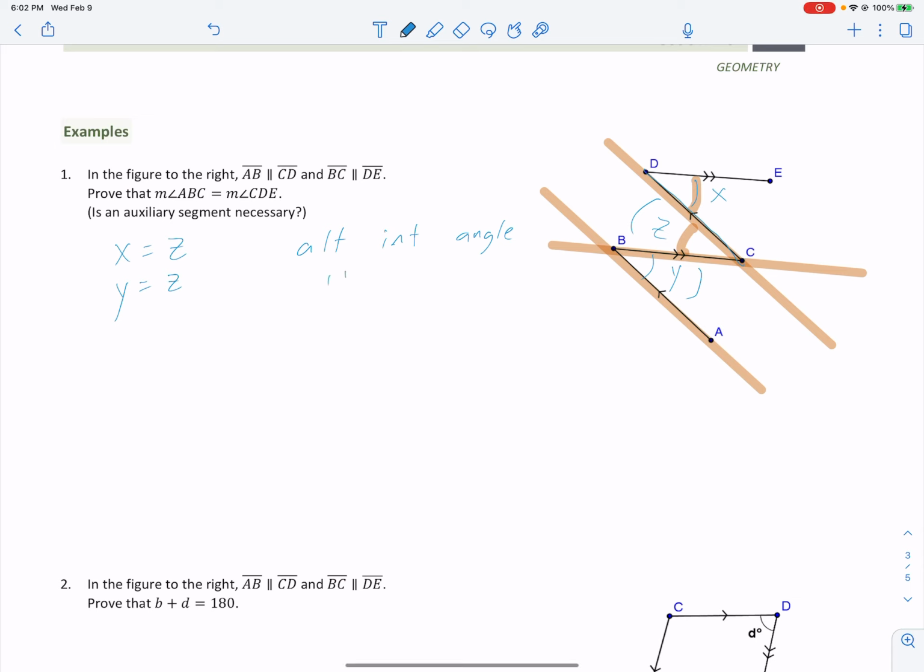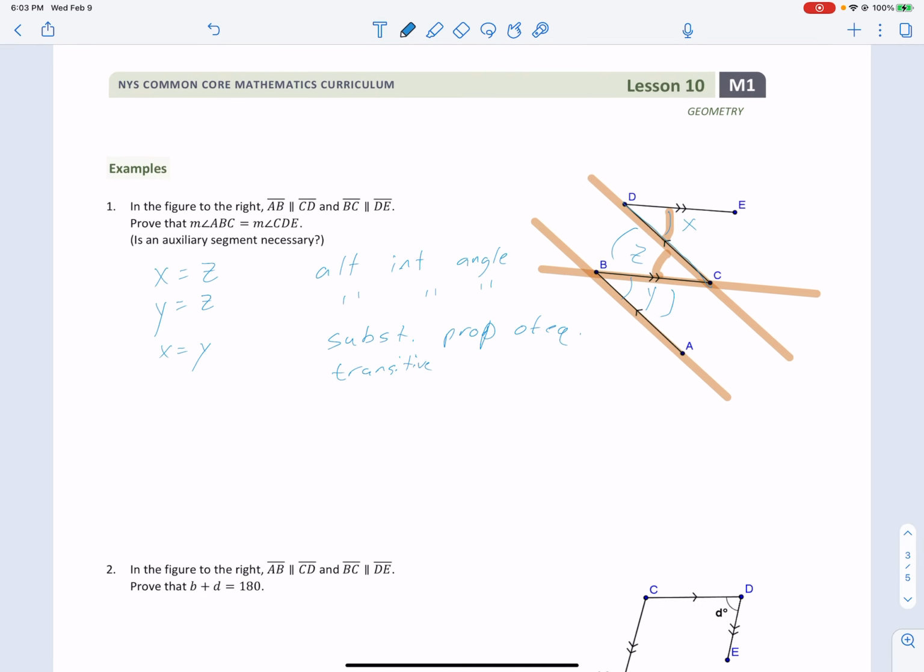For the same reason, alternate interior angles on that other transversal that we have. And then we can say, because x is equal to z and y is equal to z, we can say x is equal to y using either the substitution property of equality, or we can call it the transitive property. They effectively do the same thing in this case right here.